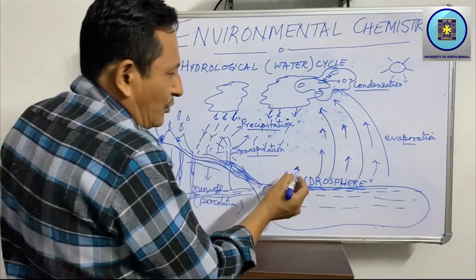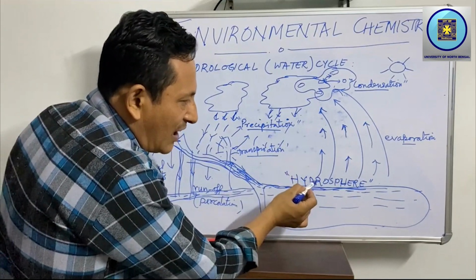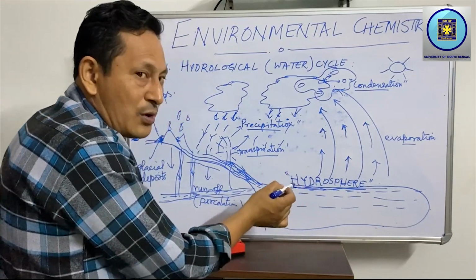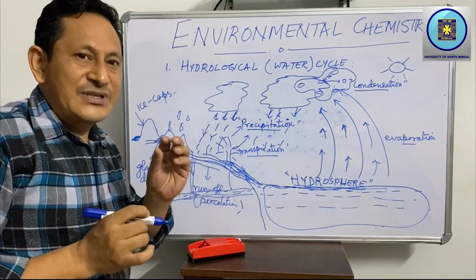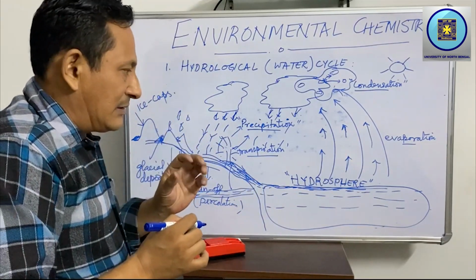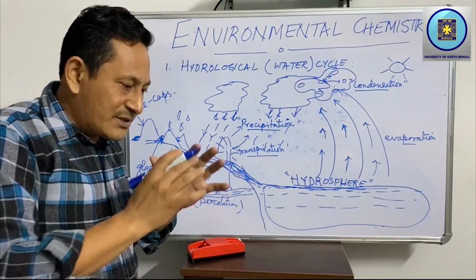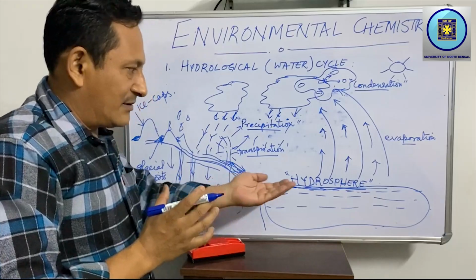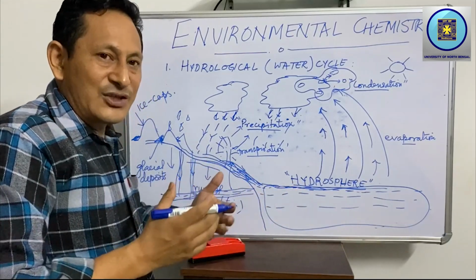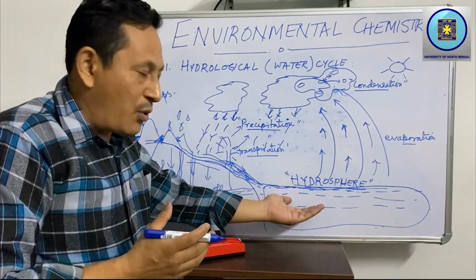And why is this hydrosphere important? It is important because 75% of any cell in a living organism is constituted of water. So if that is the case, you might as well try to understand how important it is.